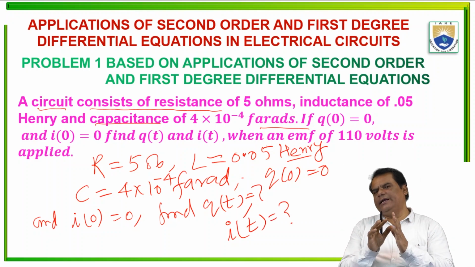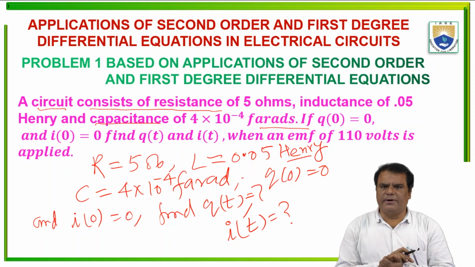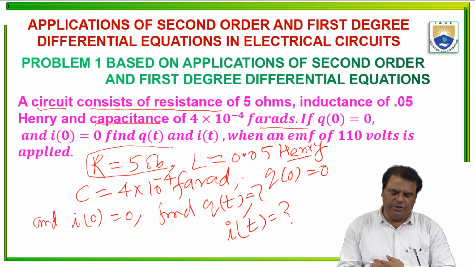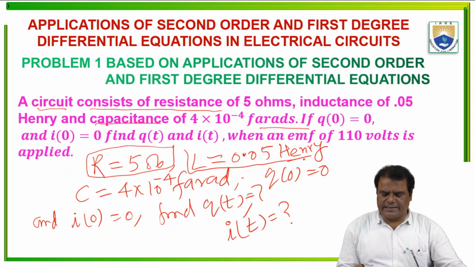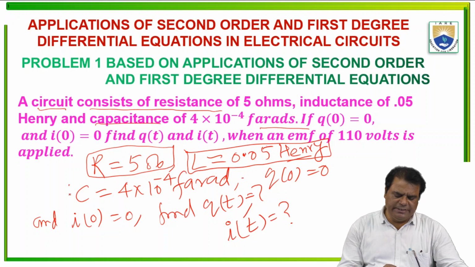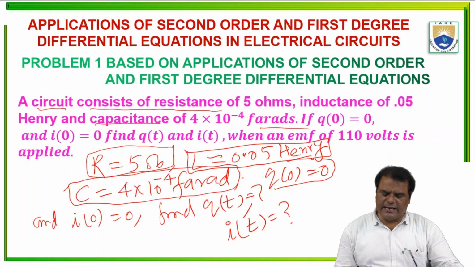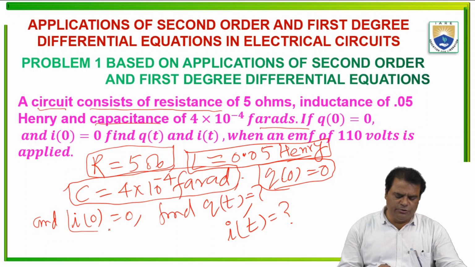In our problem, let us discuss what values are given. The resistance is 5 ohm. Next, the inductance is 0.05 Henry, and the capacitance is 4 multiplied by 10 to the power minus 4. The initial conditions are also given: Q0 is 0 and I0 is 0.